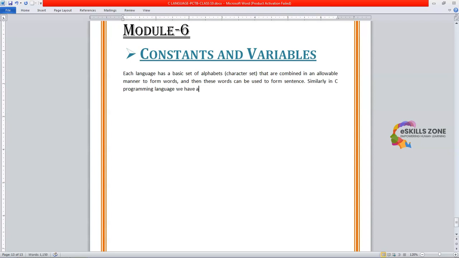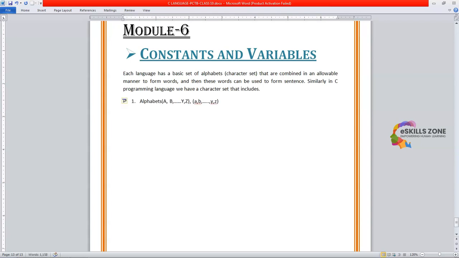we have a character set that includes, number 1, alphabets, which includes capital A, B, and up to Y and Z, and small a, small b, up to small y and z.